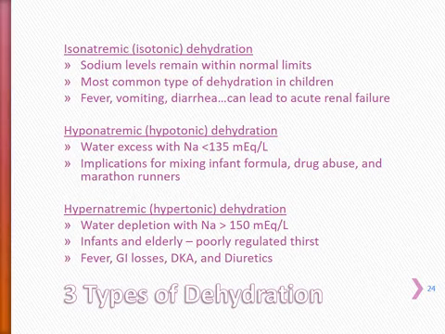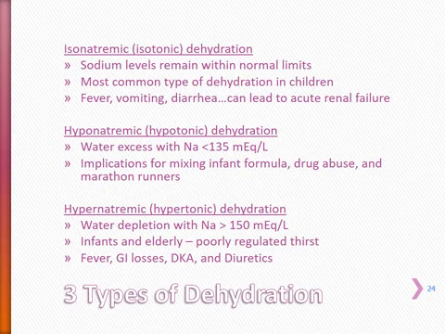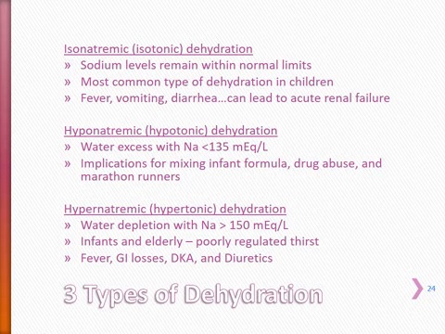This slide again is a summary slide of important information for you to know. We have the 3 different types of dehydration. And it depends on what textbook you picked up, whether they call it isonatremic or isotonic, hyponatremic, hypotonic, hypernatremic, or hypertonic.